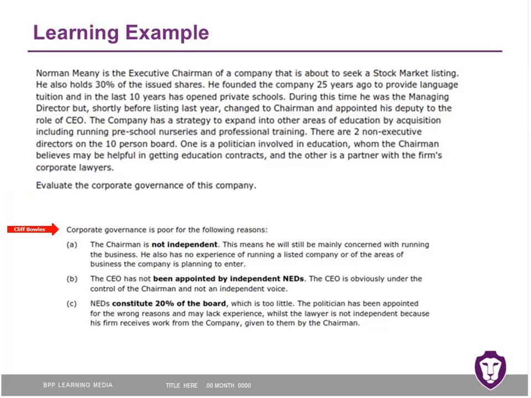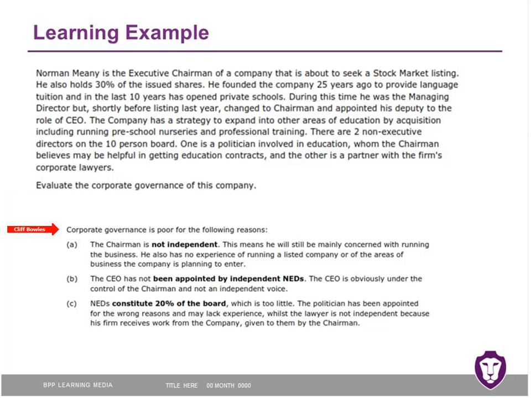The chairman's not independent. Okay, he owns 30% of the shares. How can he be independent if he owns 30% of the shares? This means he'll still be like the CEO. Although this happens in real life, one of the cases that I teach is financial reports.